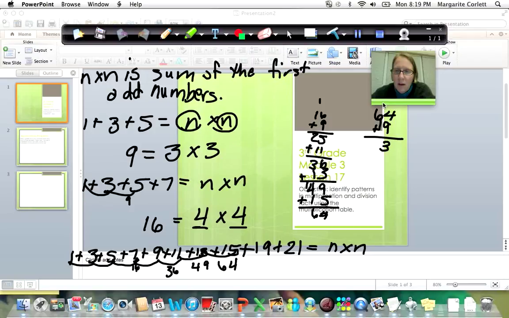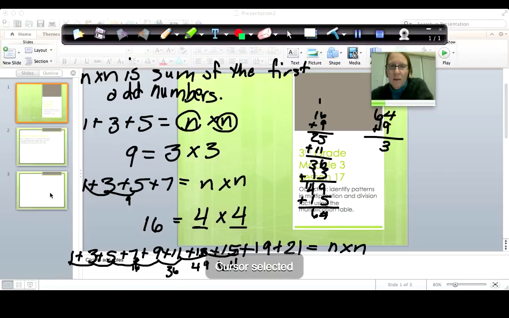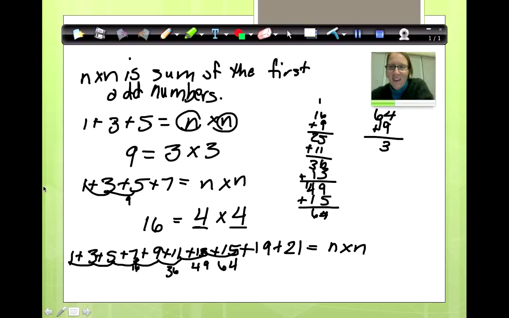Alright, I want this, and I want this. There we go. Awesome. Okay, we weren't done here. I was thinking. Give it a minute. Okay, now 4 plus 9 is 13. Oh!